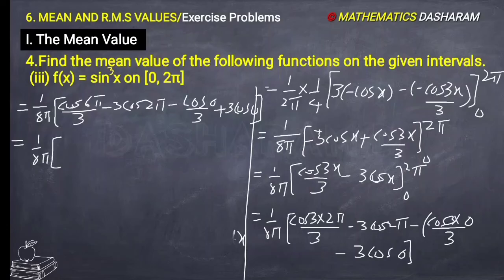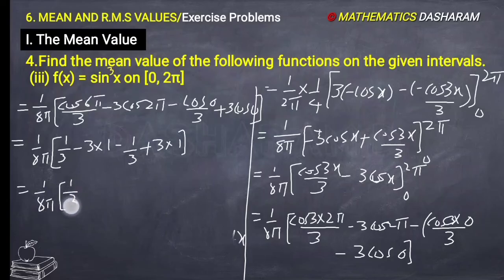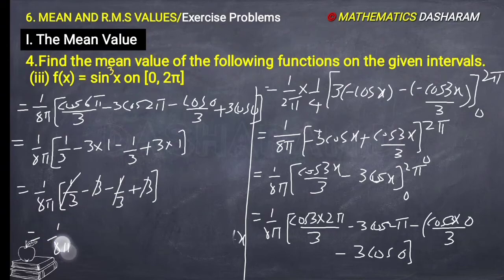Cos 6 pi value is 1 divided by 3 minus 3 into cos 2 pi value is 1, minus cos 0 is 1 by 3 plus 3 into 1. So it is equals to 1 by 8 pi, 1 by 3 minus 3 minus 1 by 3 plus 3. The 1 by 3 terms and the 3 terms cancel. So 1 by 8 pi into 0 is 0.